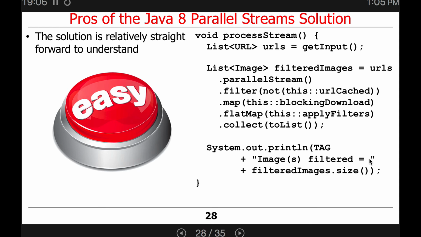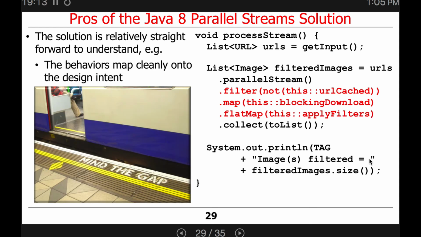There are also some other benefits. The solution is relatively straightforward to understand, and there are a couple of different reasons for that. First, the behaviors we have, such as checking to see if something's already cached, performing the blocking download, applying the various filter transforms, and so on, map very cleanly and directly onto the design intent of this program, which is to ignore images that are already cached, download ones that aren't cached, and apply filters to transform and store them.